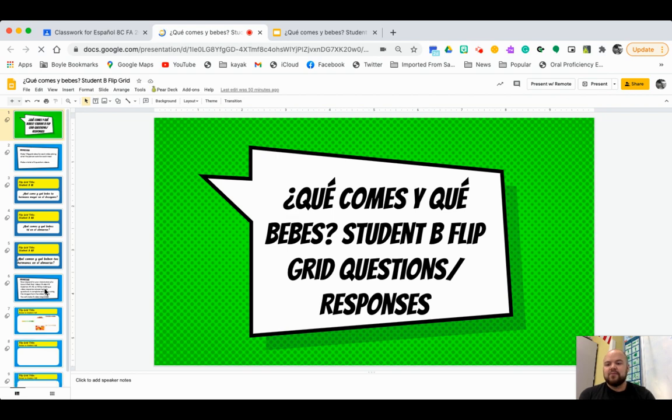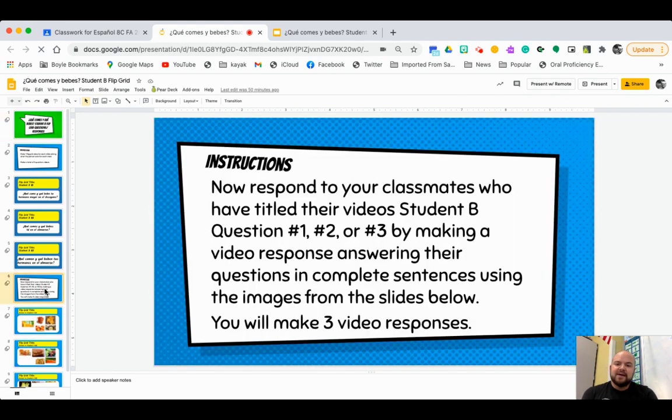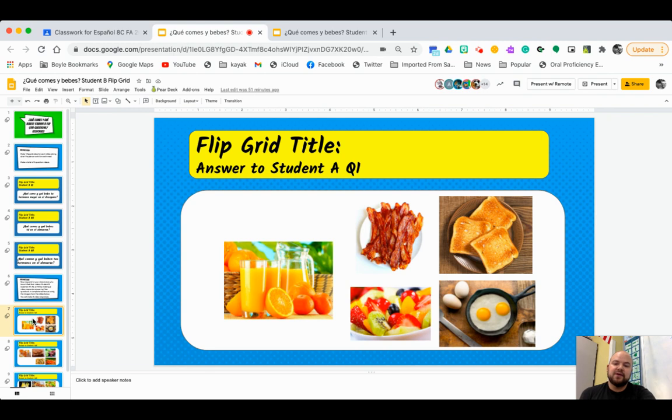But then the second part of this assignment says, now respond to your classmates who have titled their videos student B, questions 1, 2, or 3, by making a response, answering their questions in complete sentences using the images from the slides below. And so they would need to respond to their classmates' video, and they're going to title it Answer to Student A Question 1. And they would go ahead and answer by talking about what it is that person eats or drinks during that meal.